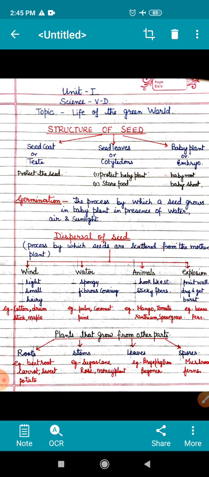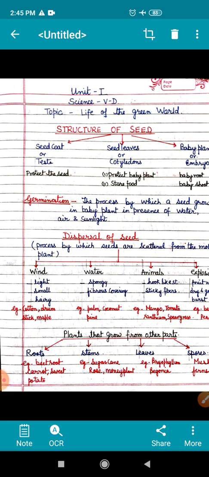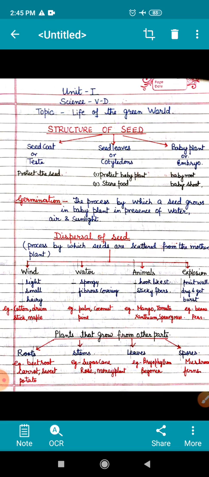These seeds are not digested and pass out through their feces. Some seeds like gentium and speargrass have a hook-like structure. So when an animal passes that way, these seeds stick onto their skin and scatter.